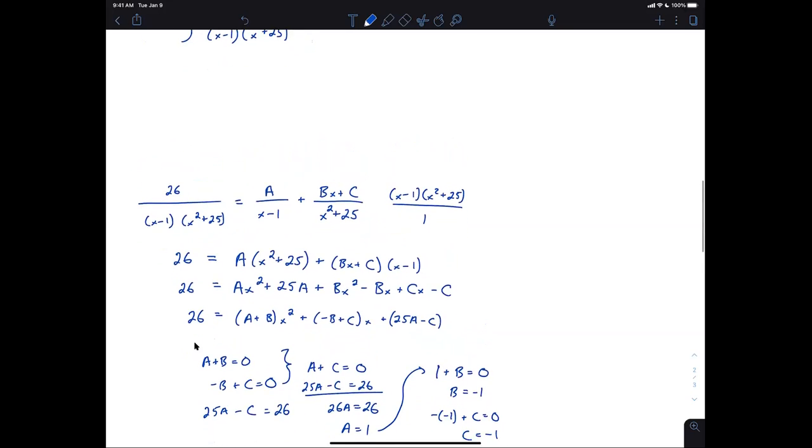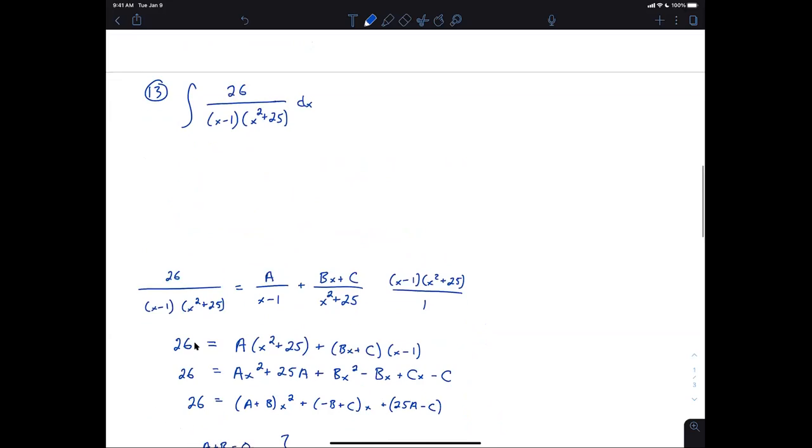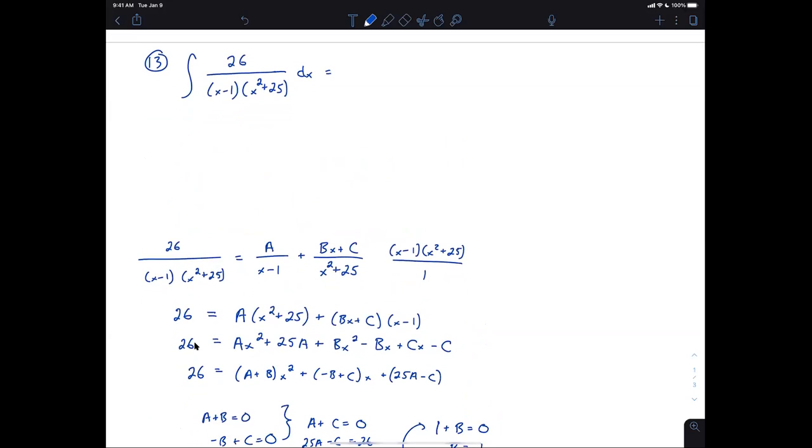Okay, so we go back up. A is 1, B is negative 1, C is negative 1. So what that does is it gets us 1 over x minus 1 plus negative x minus 1 over x squared plus 25.